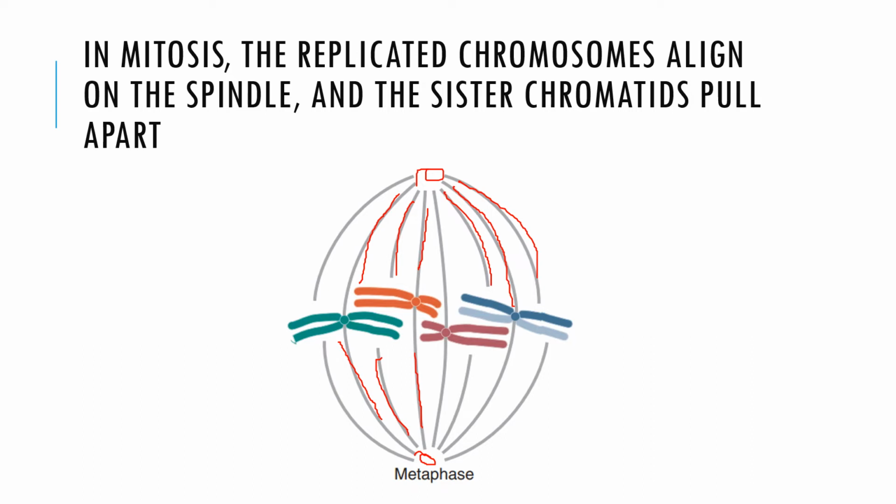The spindle features three types of microtubules. One, those that anchor the centrosome to the cell membrane. Two, those that arc between the centrosomes, and three, those that become attached to the chromosomes. In spindle formation, microtubules grow out from the spindle pole in essentially random directions as new tubulin subunits are added to the growing end of the polymer.